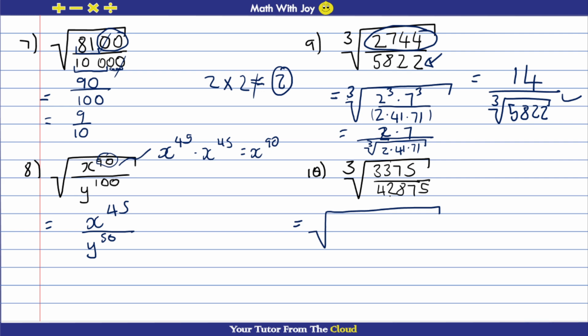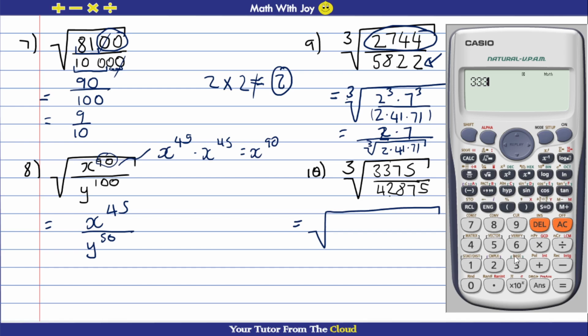now in our calculator we check what is 3,375. 3375 equals shift. So if you rewrite that, it becomes 3 to the power of 3 times 5 to the power of 3. And then you want to check what is 42,875 in the calculator.